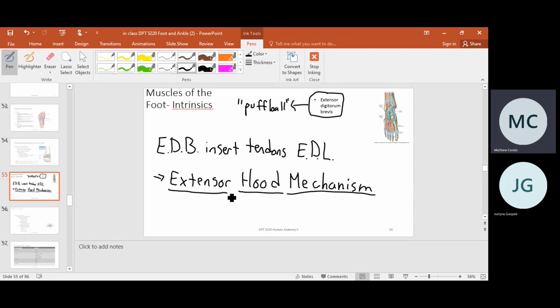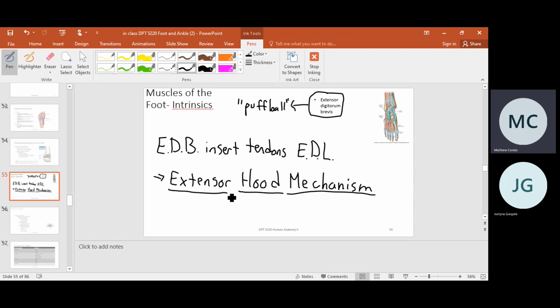So in our feet, we have an extensor hood mechanism. It looks exactly like the one in the hand, with one huge distinct difference. It's a whole lot smaller in the foot than it is in the hand. It's a super tiny little thing. In fact, if you get it dissected, more power to you.